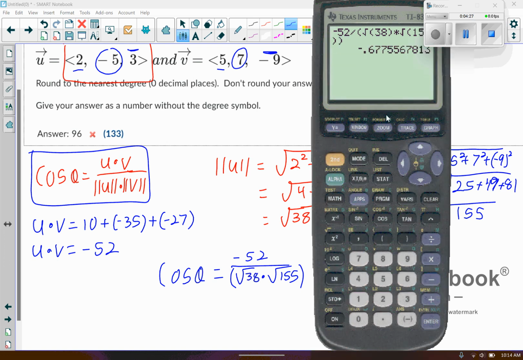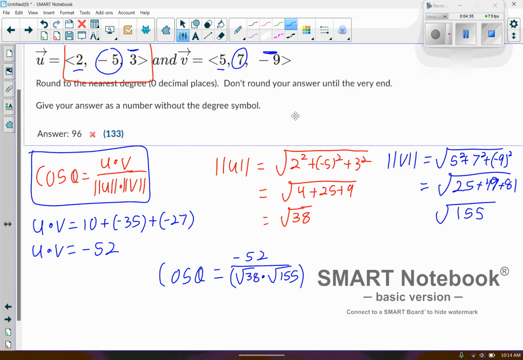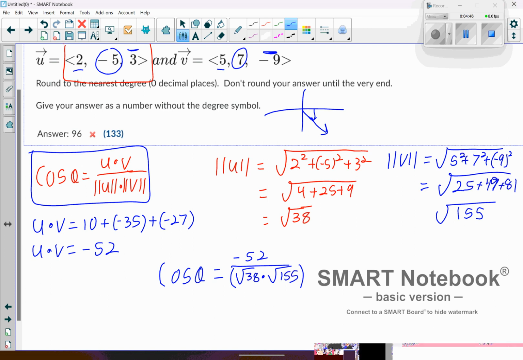Close that, and we get this right here. If you want to visualize this on the unit circle, it's somewhere about right here. That angle right there. Let's go ahead and plug that in.